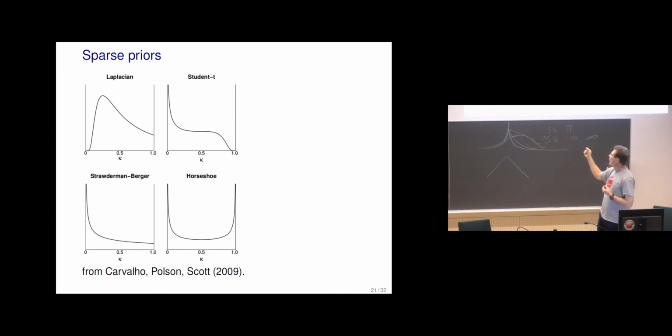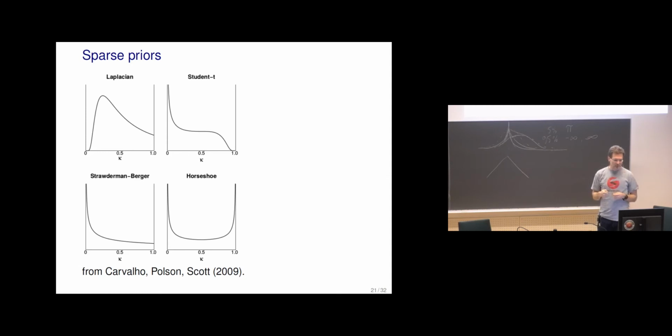And at kappa 1, there's full shrinkage, so for irrelevant variables, we would hope that they are fully shrunk towards 0. You can see the Laplacian has some density at 1, so it is saying that some of them are shrunk heavily. But it is shrinking everything, so there's no prior mass for the case that some of the variables are not shrunk at all.